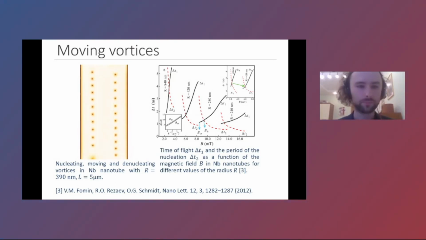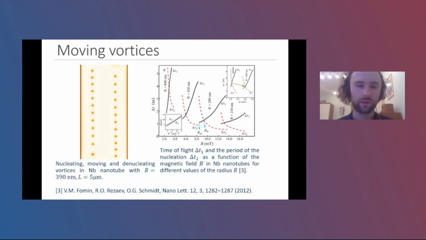We know that this generates induced voltage, and since vortices are nucleating and denucleating and they move non-uniformly, the induced voltage is not a constant value, but it deviates with time around its average value.